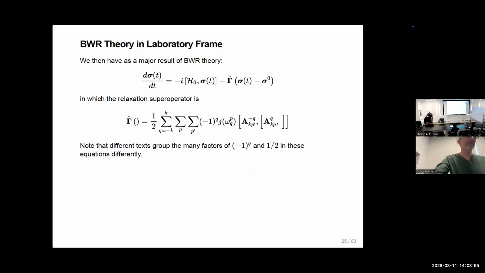But this leads to something else that I think is really important. I don't remember if I quizzed you on this. When we did the first problem, we recognized that the adiabatic part of R2 was just chemical shift precession.